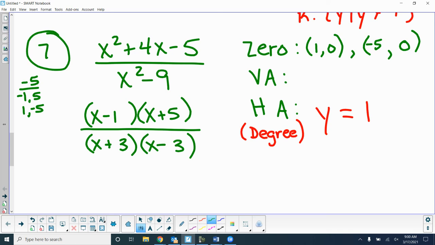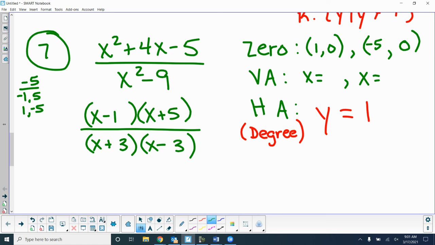For the vertical asymptote, it's always what makes the bottom 0. Okay? So what are those numbers, Kennedy? And that's an equation of a vertical line. Are you actually asking? Yes, I am.